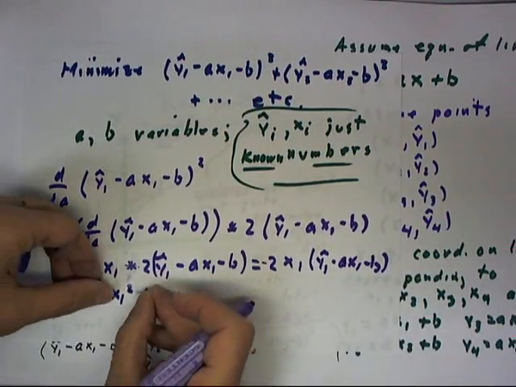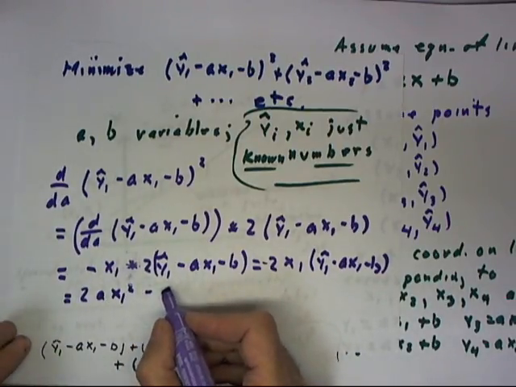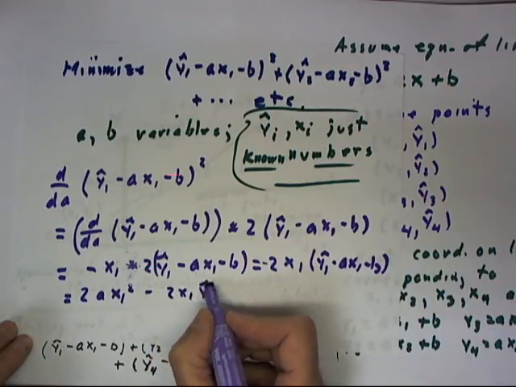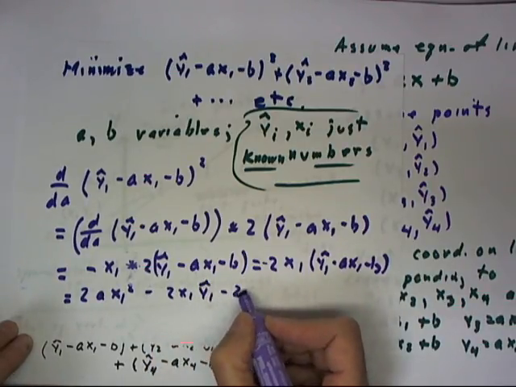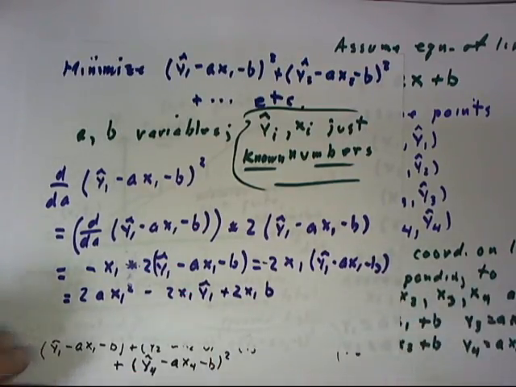Let's go ahead and make it minus. Two x1 y1 hat minus 2x1 plus 2x1 b.